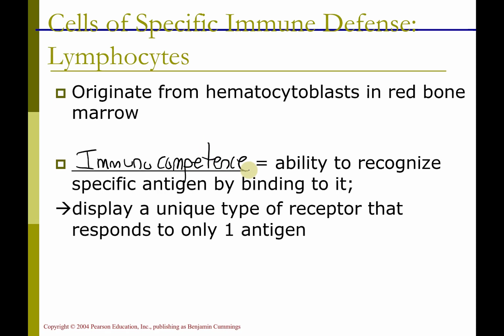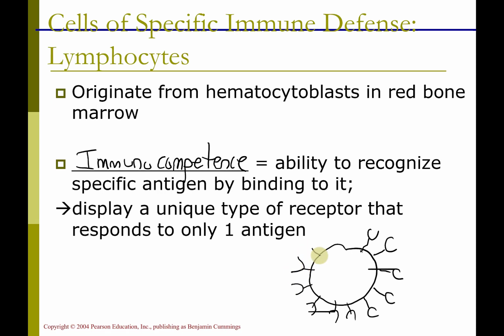Lymphocytes that are immunocompetent have a unique receptor that only responds to one antigen on one pathogen. If you looked at a lymphocyte, you would see that it has many receptors, as many as 100,000 on the outside of the cell. But the receptors are all identical. They're all for that one antigen.